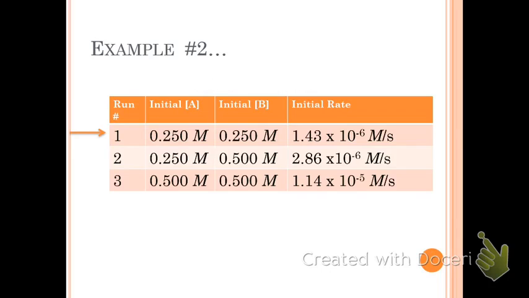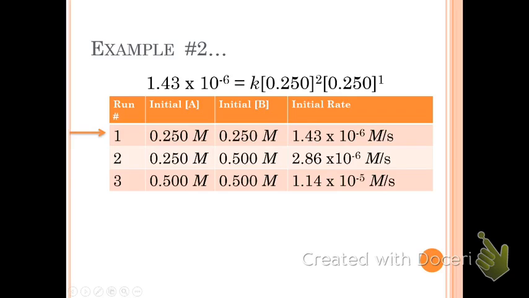So we set up by substituting our information in. Our rate is 1.43 e to the negative 6. That is equal to our rate constant times the concentration of the A reactant, which is 0.250 to the second power, times the concentration of the B reactant, which is 0.250 to the first power.